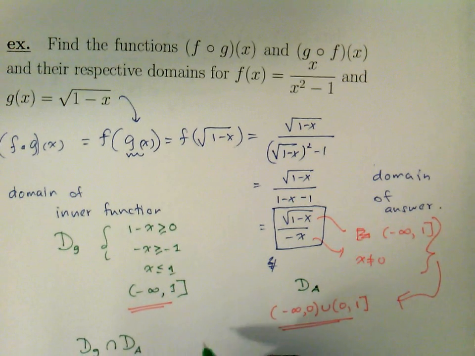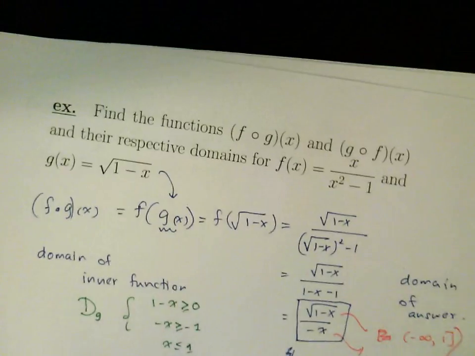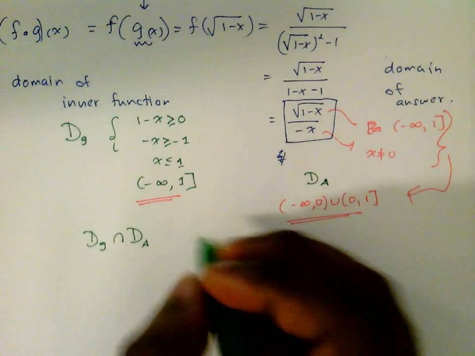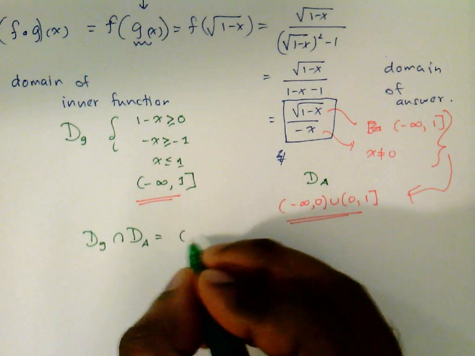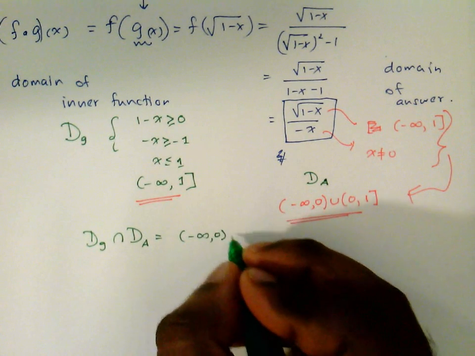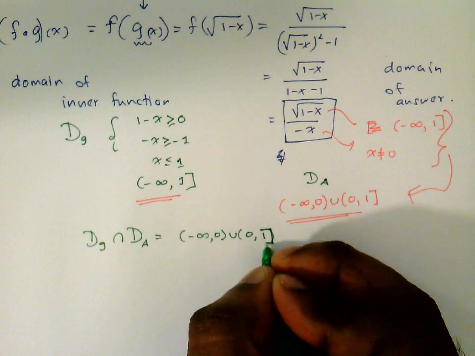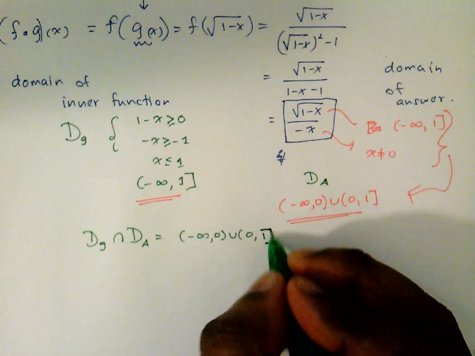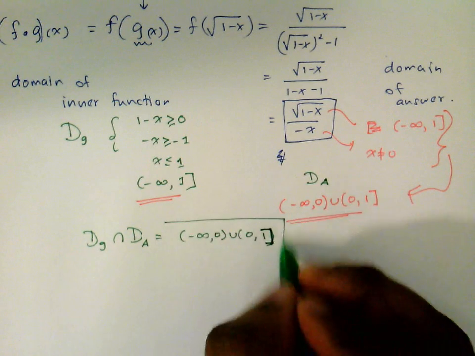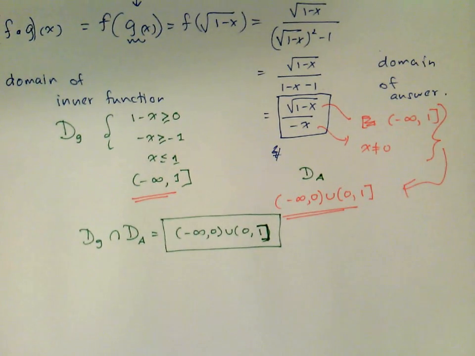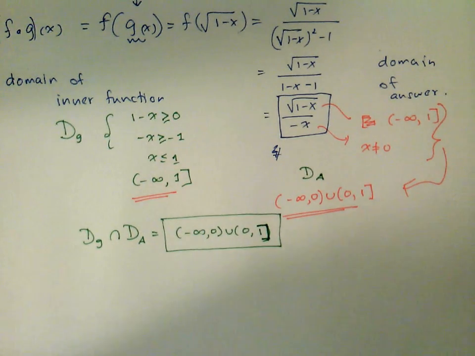Now you can use colors. I'm not going to do colors because of time restraints. So that would be negative infinity to 0 and then 0 to 1. Okay, so let's see g of f.